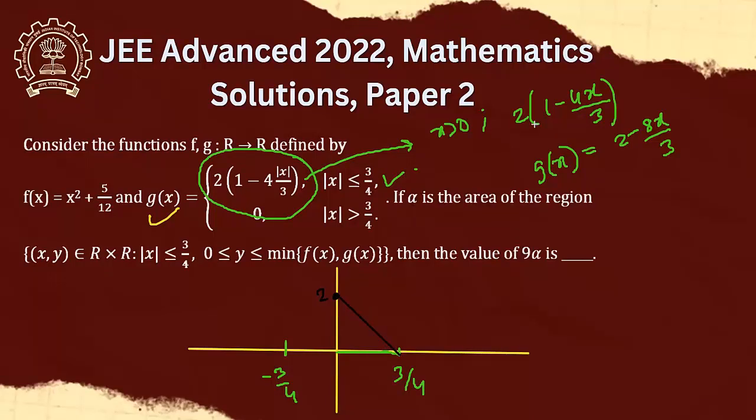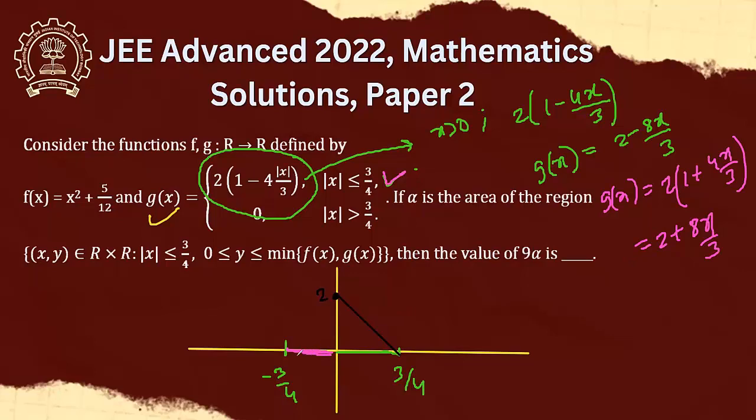Similarly, on the left hand side, for x from minus 3 by 4, for this region here, x negative, this function g(x) is equal to 2 times (1 minus mod of x), and mod of x is negative x. So that is going to be 1 plus 4x by 3, so this is 2 plus 8x by 3.